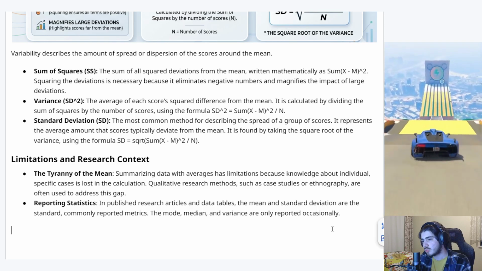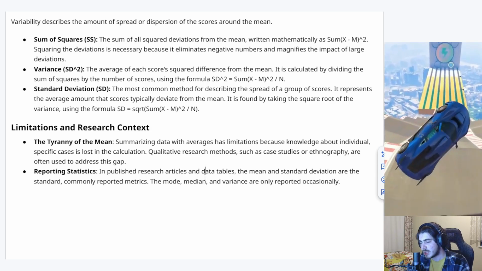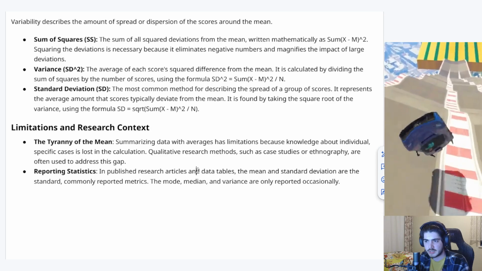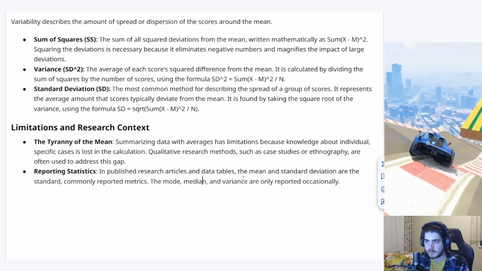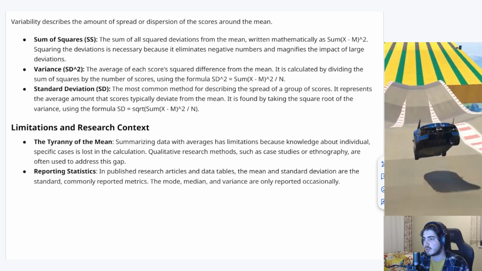And when you are making your actual report, you rarely state these. You don't really tell the mode, median, or variance. And that's it.